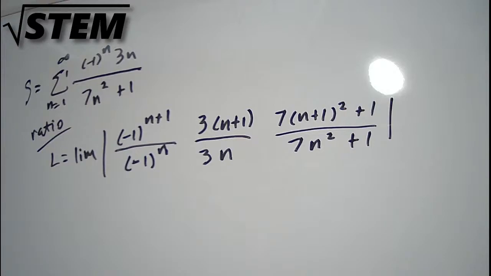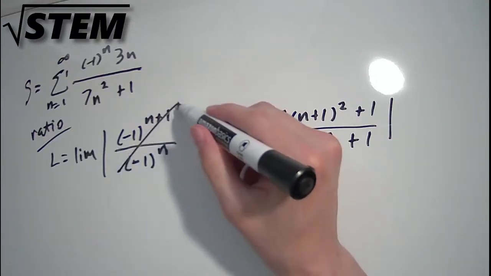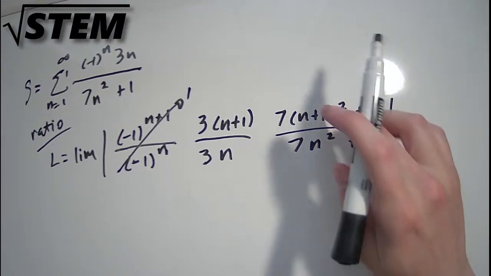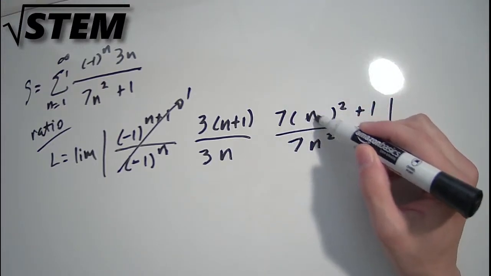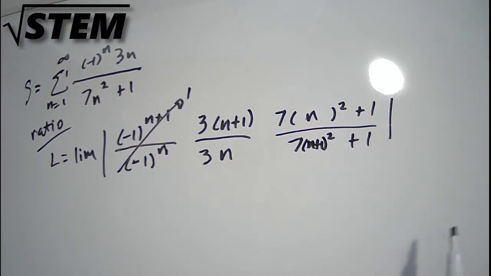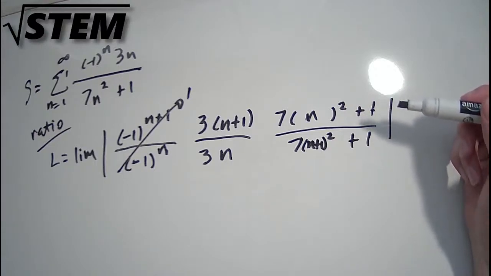Okay, so the absolute value of the (-1) factors pretty much always cancels out to 1. We want to look at our highest power of n. Oh, wait a sec, I got those mixed up. That would be n plus 1 squared, because the denominator of the a_n term would come to the top.